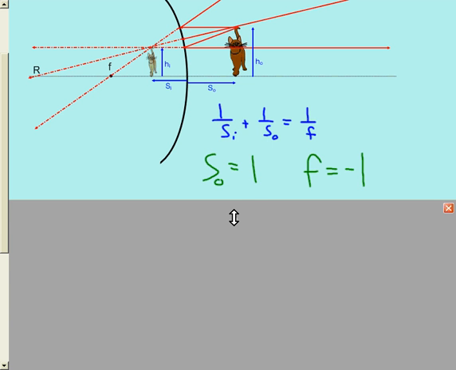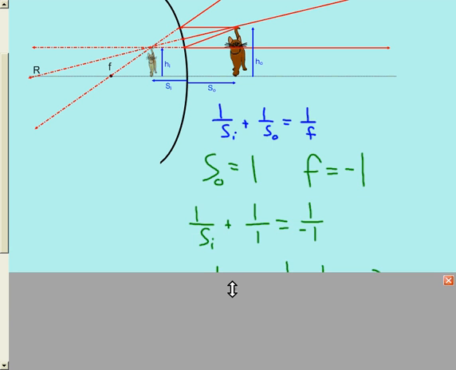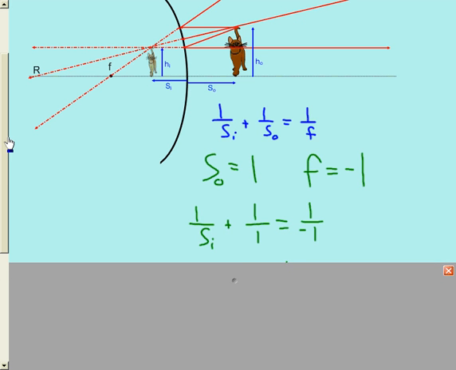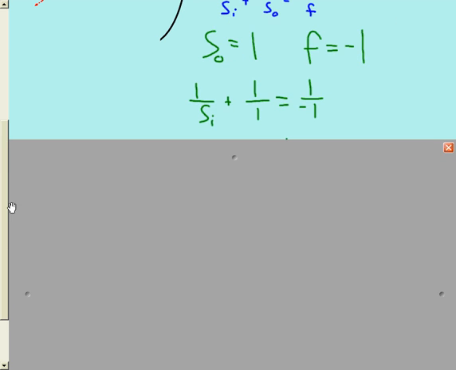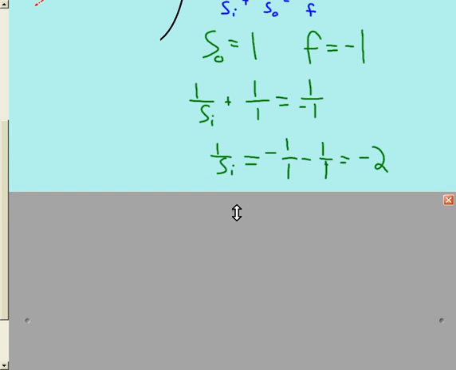All righty, here we go, step by step. There's filling in the numbers. All right. So now let's move the fraction that's on the left side over to the right. So 1 over SI equals -1/1 minus 1/1. Okay, so that's really 1 minus 1 equals -2.